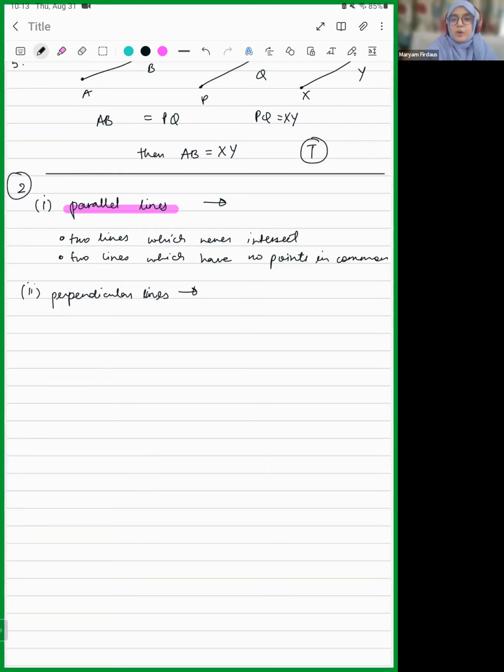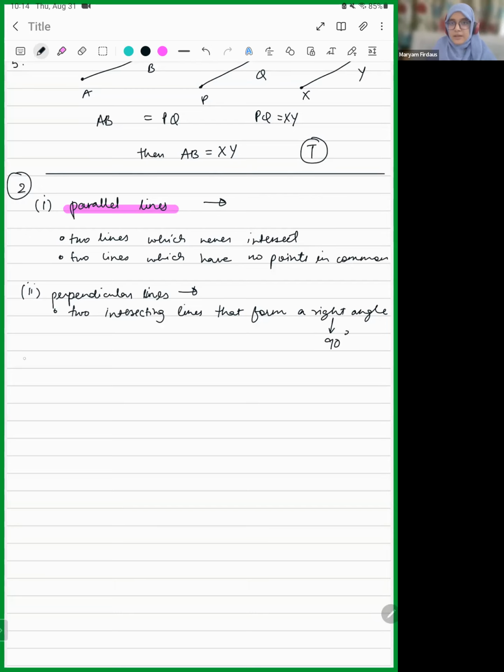So if you want to talk about perpendicular lines, yes, you can say that two intersecting lines that form a right angle, or instead of saying right angle, you can also say 90 degrees.